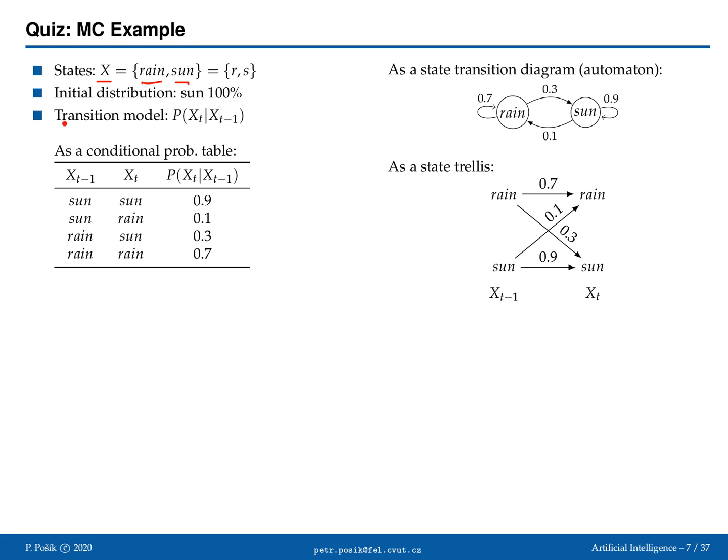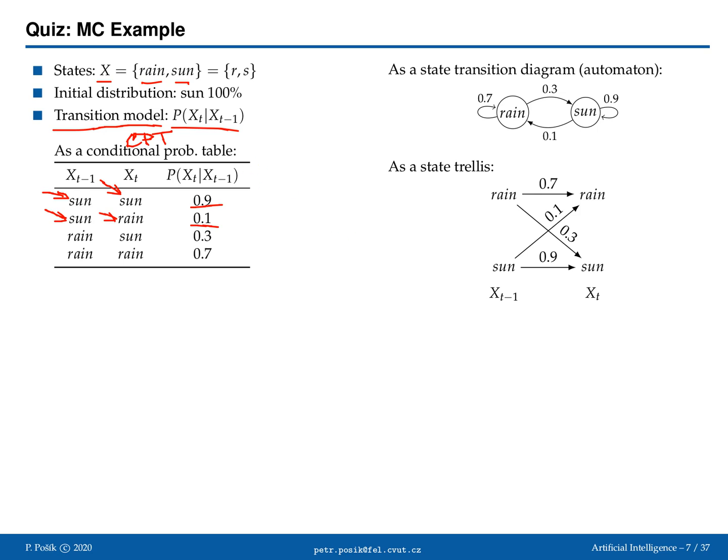Then we have what we call the transition model, which is just this conditional probability: what is the probability of the current state given the previous state? You can write it in the form of a conditional probability table, CPT. If yesterday was a sunny day, what is the probability that today will be sunny as well? Well, it's 0.9. If yesterday was sunny, what is the probability that the weather will change to rainy? Well, it's 0.1, etc.